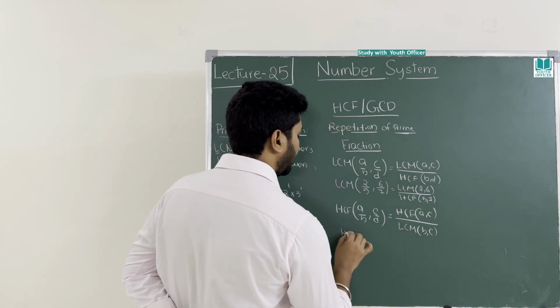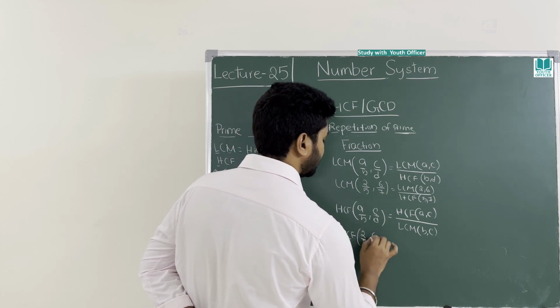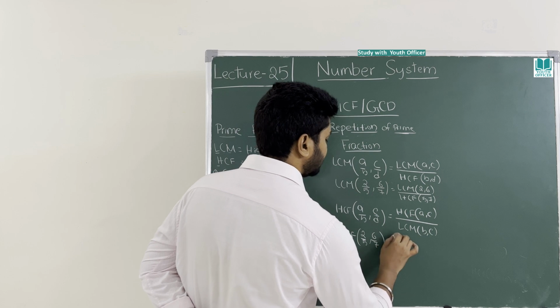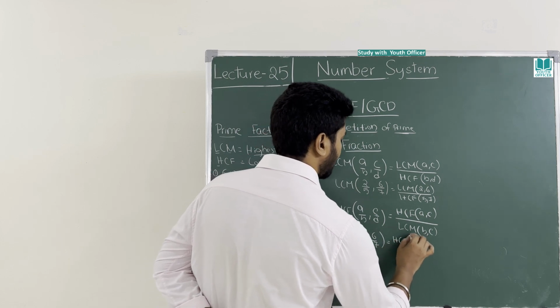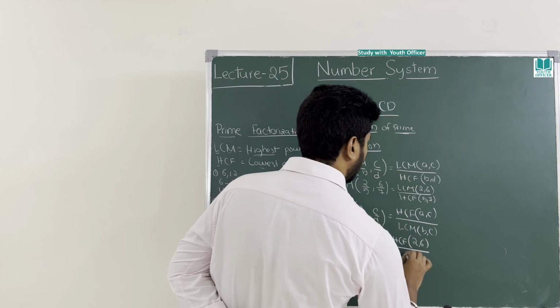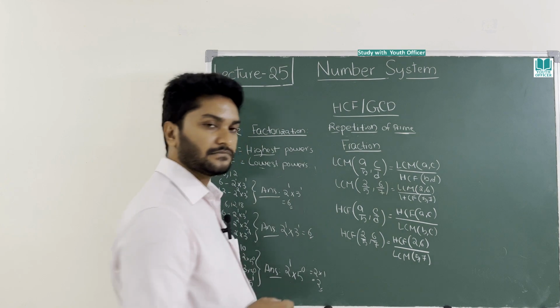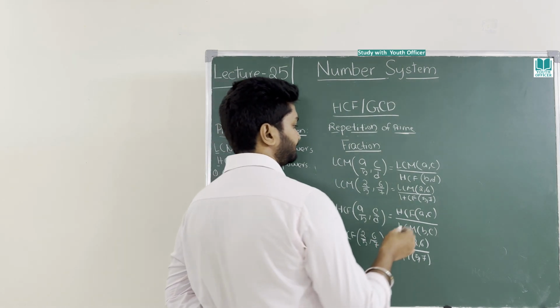And if you have to find HCF for 2 by 5, 6 by 7, you have to find HCF for the numerators and then LCM for the denominators. Okay.